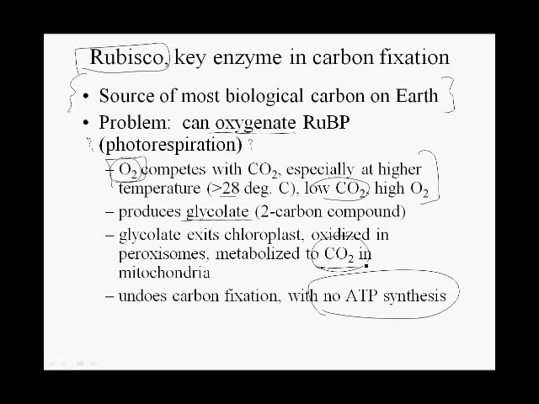So this oxygenase activity results in undoing carbon fixation. The carbons in glycolate were initially fixed from inorganic carbon by photosynthesis. But now this oxygenase activity is releasing that carbon as inorganic CO2 with no benefit to the cell. So it's a highly negative reaction in terms of the cell's goals.